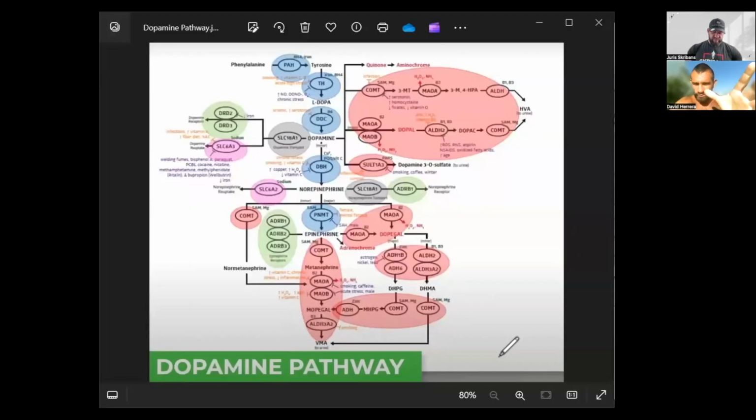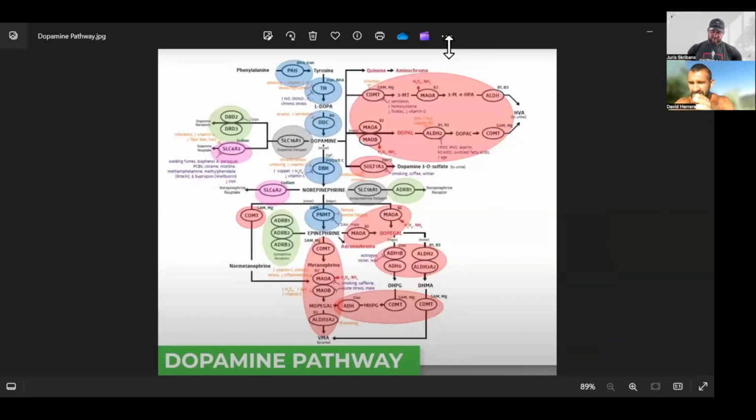These are all things that should be coming into the body from the food, right? So the things that will influence it the most, like foods, are going to be making sure that your micronutrients are on point.